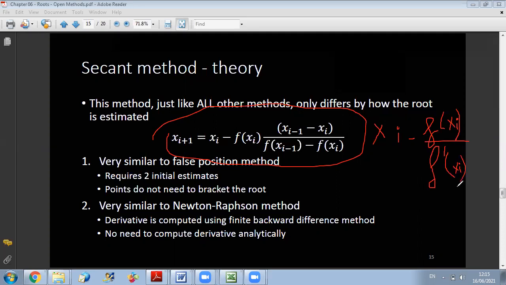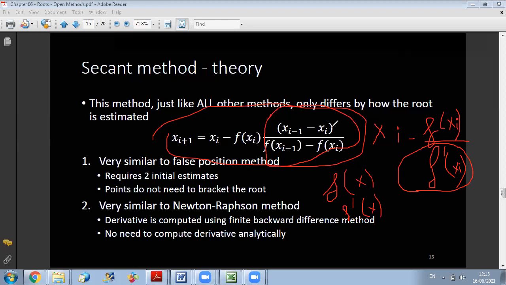In the Newton-Raphson method, you compute it by using the analytical derivative. So I give you f(x), you derive f(x), you get f prime(x), and then you replace it analytically and you get your solution. While here in the secant method, you use the backward difference method to approximate f prime(xi), because you are using xi and xi minus 1.